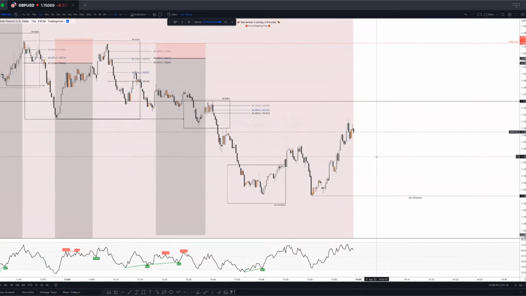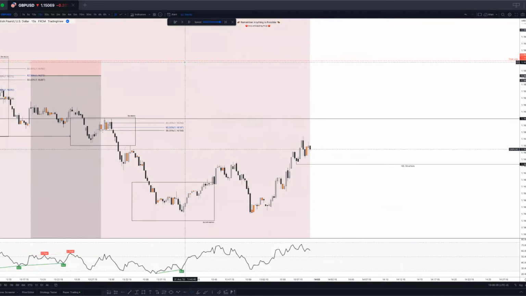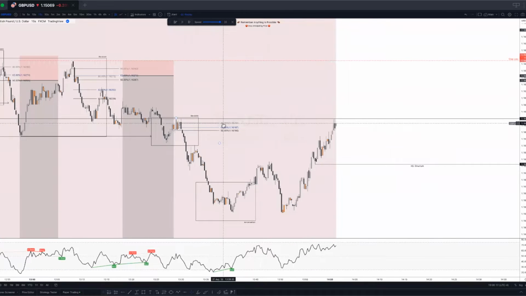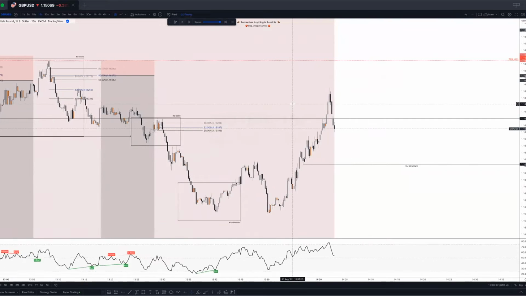Let's see what she tells us. So that's my low. Okay, what is she telling me? She's telling me she might take out this redistro and potentially come up here to a more premium area to drop. That's what I'm thinking.